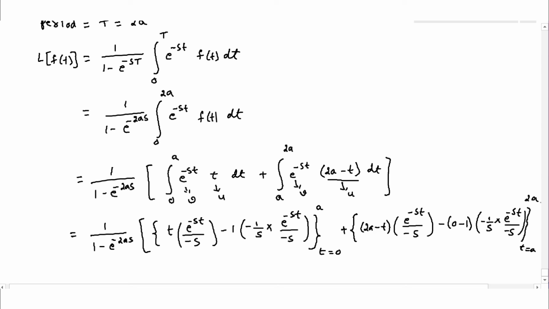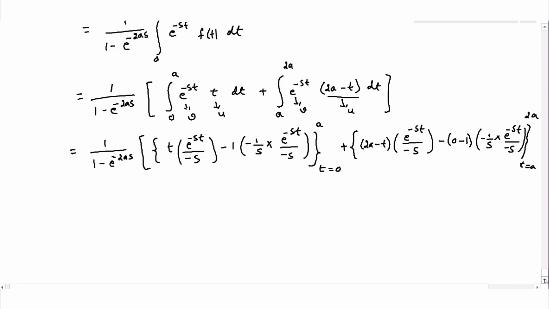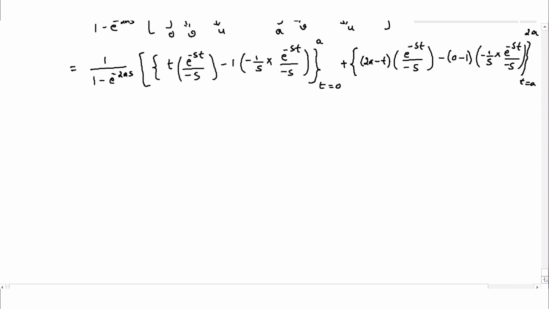Now we need to apply the upper and lower limit values. So if you try to simplify this expression, this will be equals to 1 by 1 minus e power of minus of 2a s. So minus 1 by s is constant outside, apply the upper limit value for t as a. So a e power of, t value is a, so minus of as, that is the upper limit value, minus the lower limit value for t will be 0 over here.